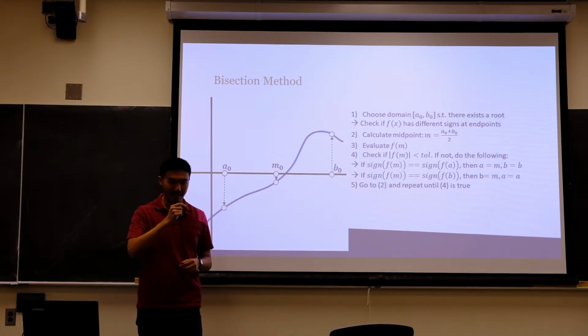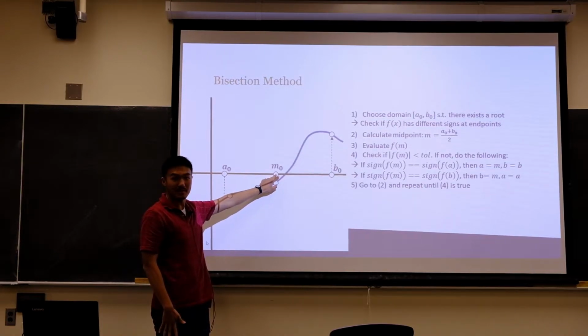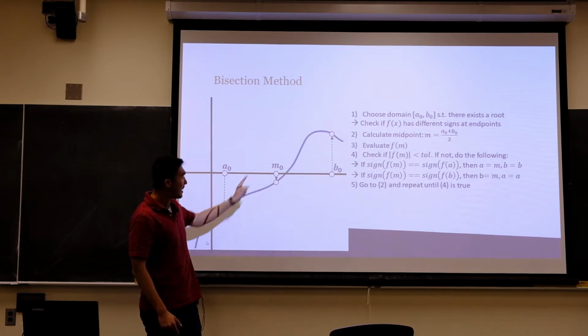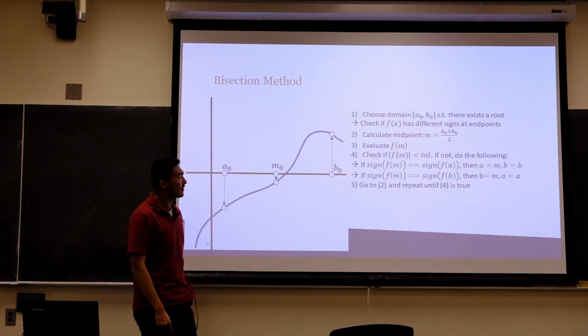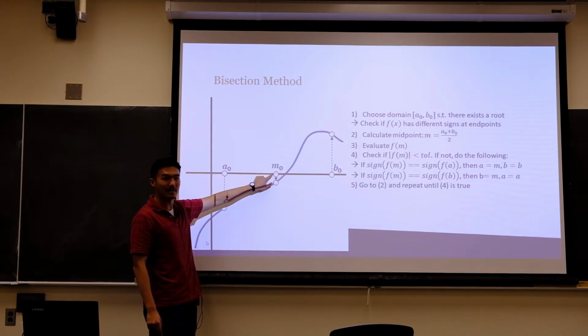If it is less than a tolerance, then you say this point is the root. No need to search anymore because we found the root. Essentially, when f is evaluated at this point, it is so close to 0 that it essentially is a root. In this case, though, no, that's not the case, because this gap right here, f evaluated at m naught, is not close enough to 0.